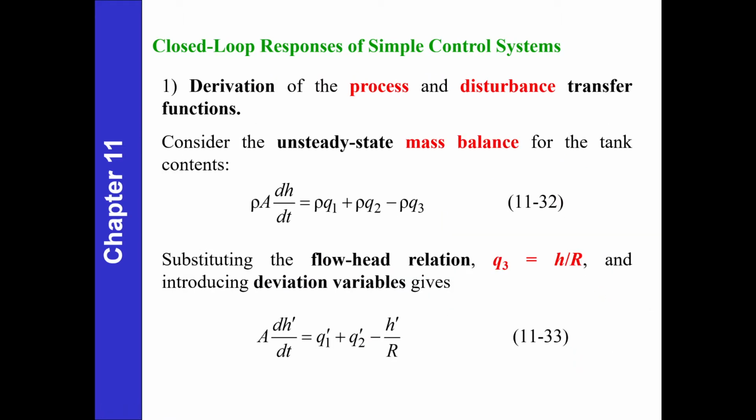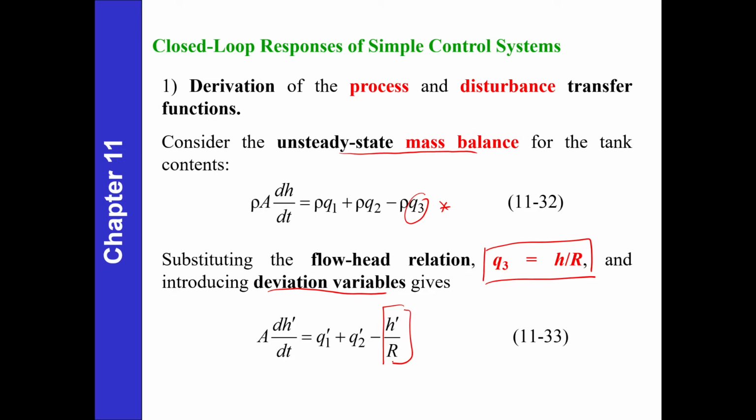When you have a process, the first thing to do is to develop the dynamic model of that process, so that from the dynamic model we can get the transfer function. So here we have an unsteady state mass balance for that process, and then the definition variables together with the information given, we just substitute directly.